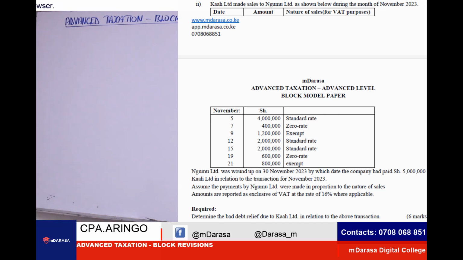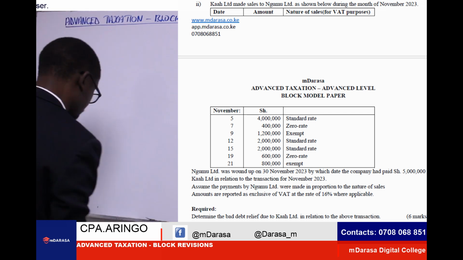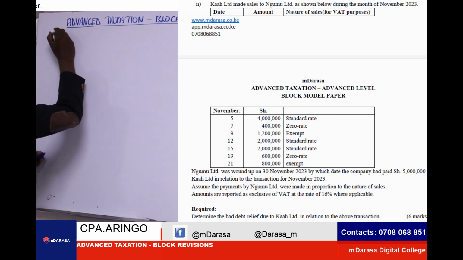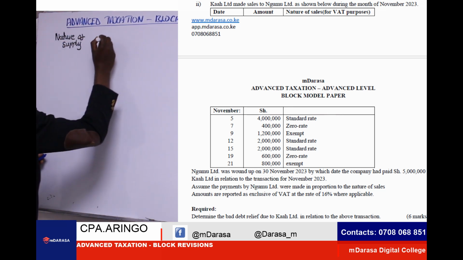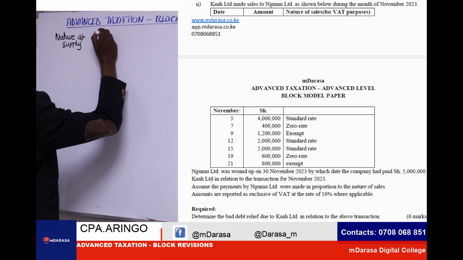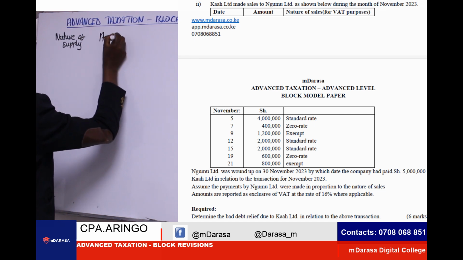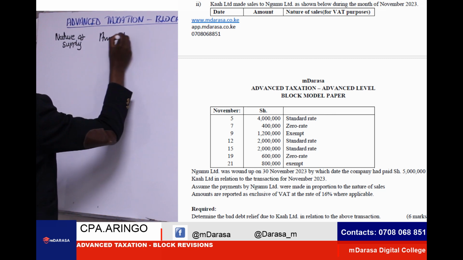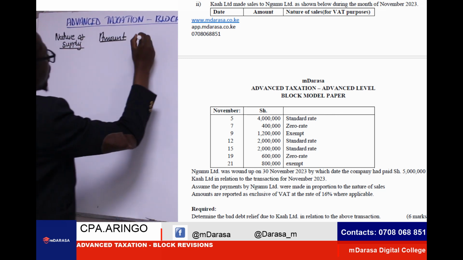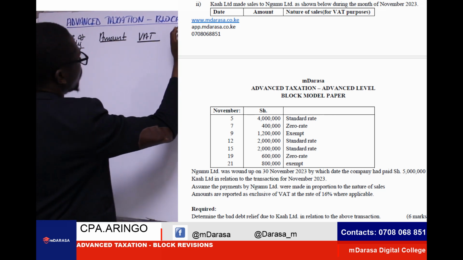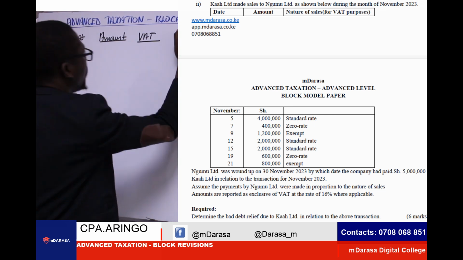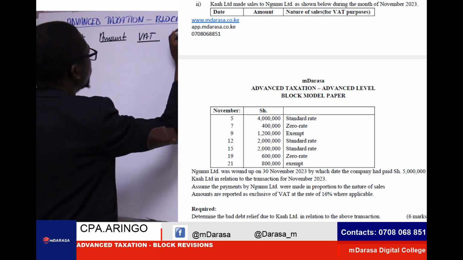So these are what we'll be having: the nature of supply given, we have our amount, we have to determine our VAT, then we have to determine our amount inclusive of VAT.